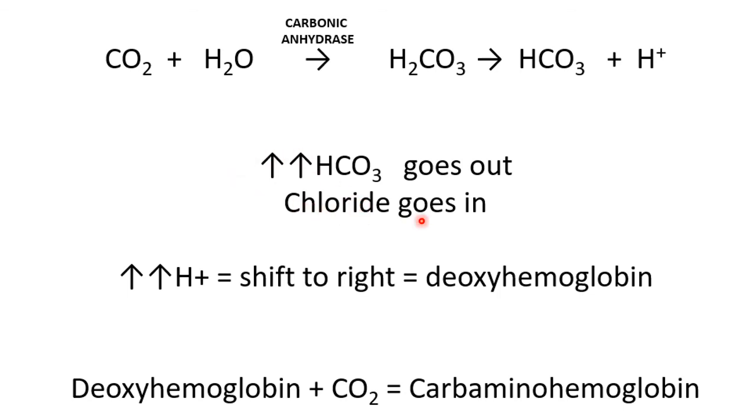We call this process as chloride shift. Kapag naman yung hydrogen madami, it will shift to the right, no? And releasing your oxygen, calling it now as deoxyhemoglobin. Etong deoxyhemoglobin, madaming port na libre na. So, doon na magbabind ulit si carbon dioxide, forming your carbaminohemoglobin, carrying it to your lungs. And that ends our first part of this session.